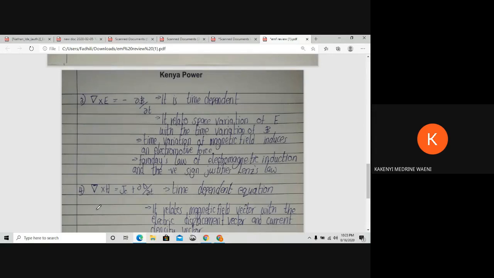We see how the electric field is able to influence the magnetic field and vice versa. Time variation of magnetic field induces an electromotive force. Faraday's law of induction, and the negative sign justifies Lenz's law. We handled this in the previous question.